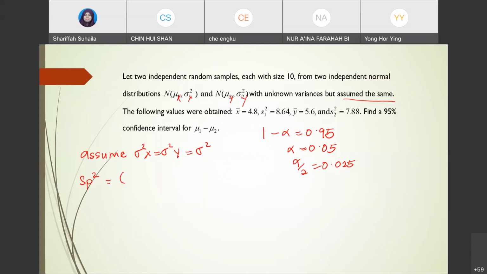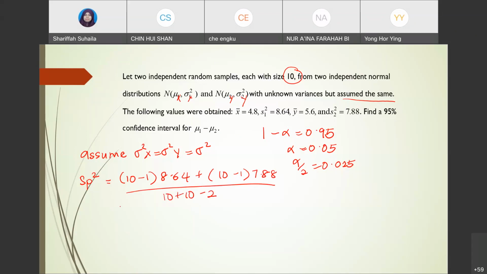Okay, so size is size 10. Okay, so 10 minus 1, S square X, S square Y. Okay, so plus again 10 minus 1, S square Y kita ada 7.88. So 10 plus 10 minus 2. So that is your pool estimate.